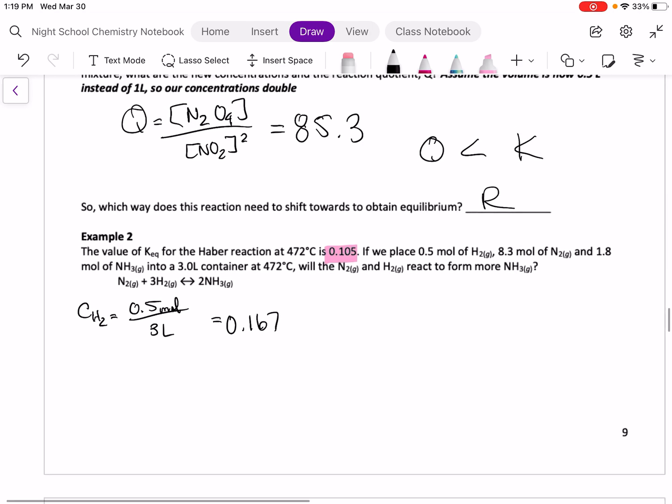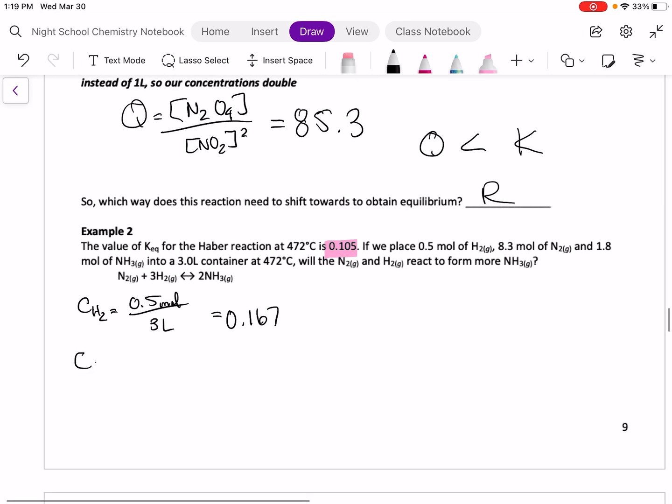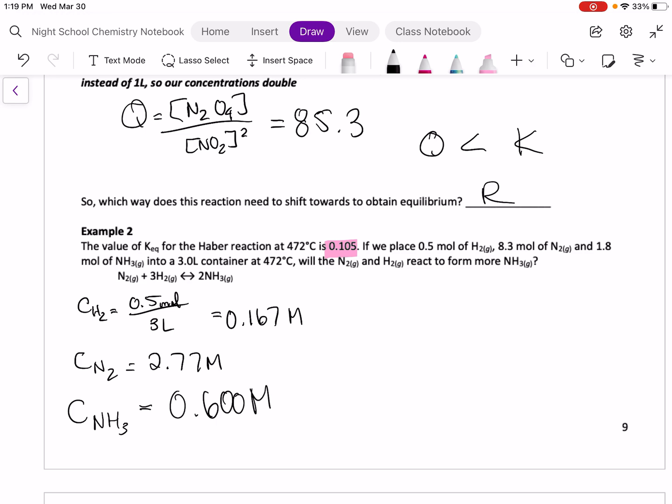I did that for hydrogen gas, nitrogen gas, and for NH3, 0.600 M. Now I have to put that into my Q.